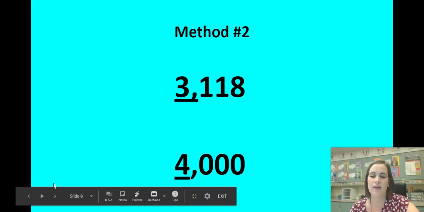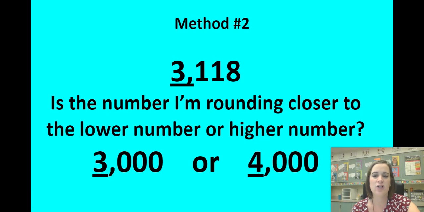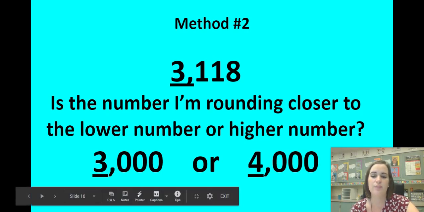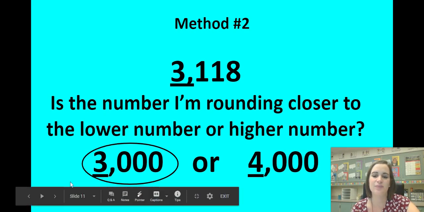So now I need to think, is the number I'm rounding, 3,118, closer to the lower number or the higher number? If you said the lower number, you are correct. So 3,118 would round down to 3,000.